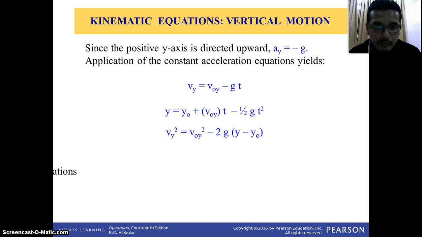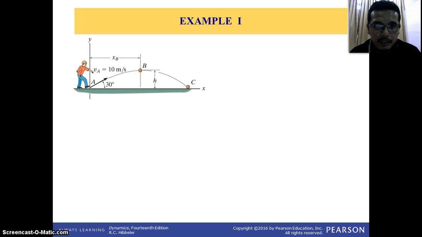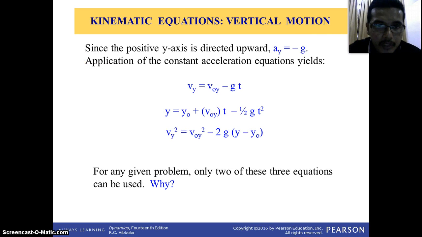For the vertical motion, our reference positive y-axis is directed upward, but the acceleration g is going downward, so ay is equal to minus g. These are the kinematic equations that we learned in linear motion.